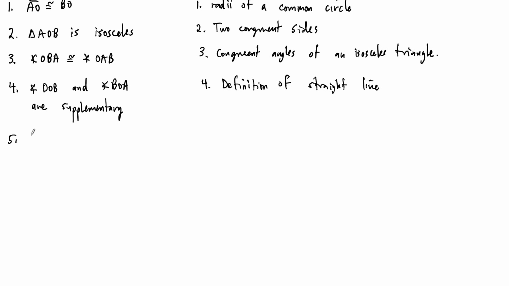So the measure of angle DOB is equal to the measure of angle OBA plus the measure of angle BOA. No, that's not right, not BOA. It would be OAB. Right, OAB. And this is again by exterior angle of a triangle.